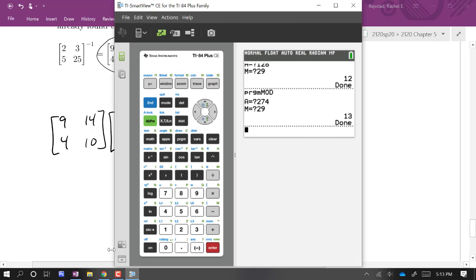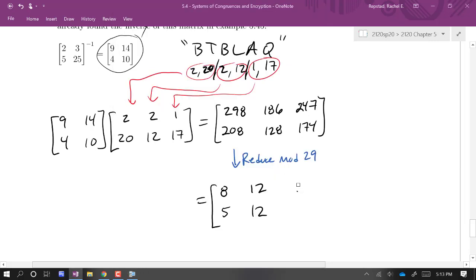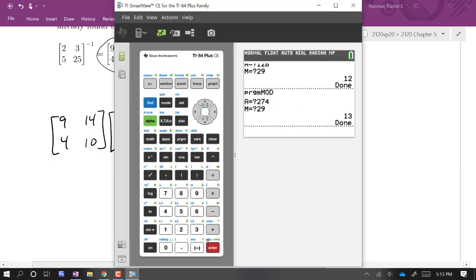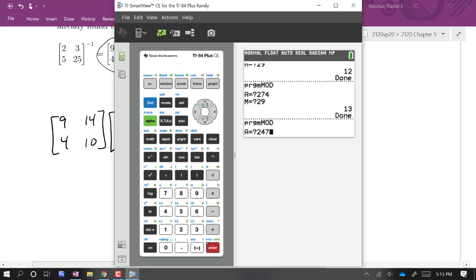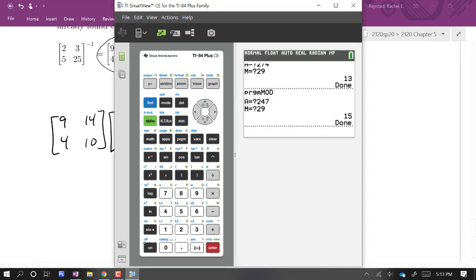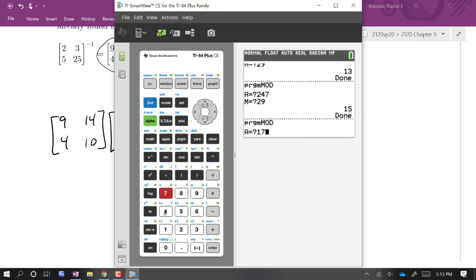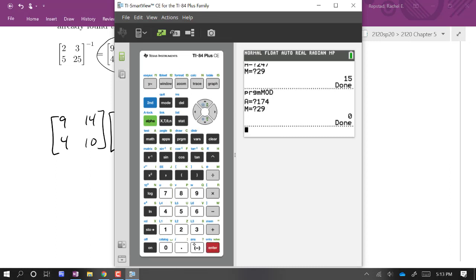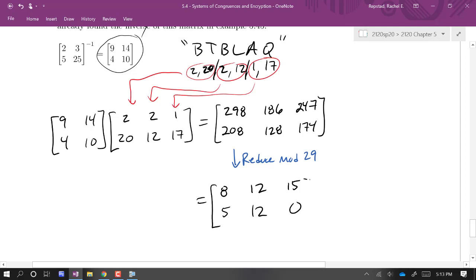Oh, whoops, it should be 247. 247 mod 29 is 15. And 174 mod 29 is 0.